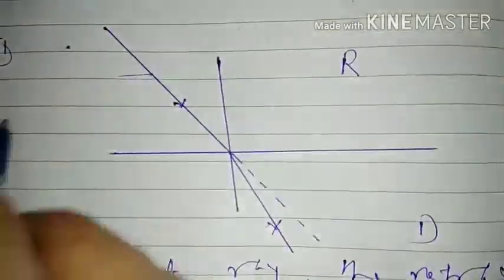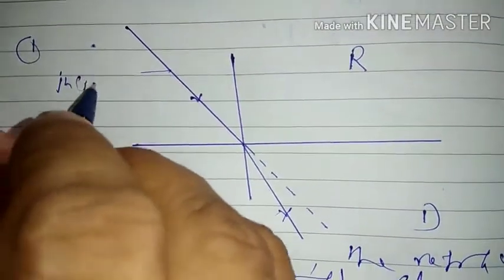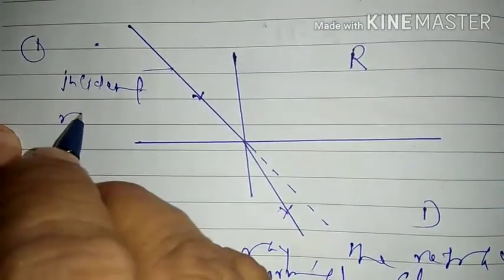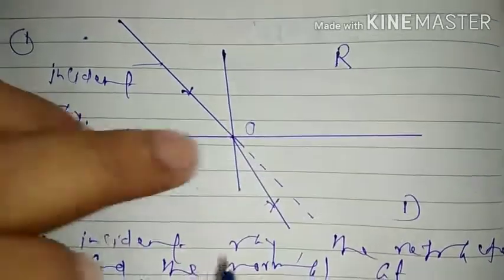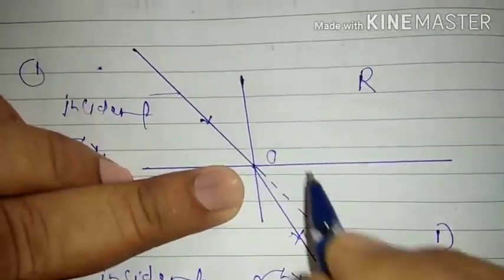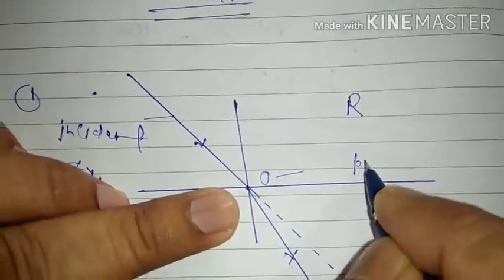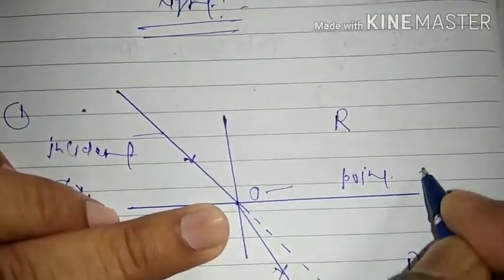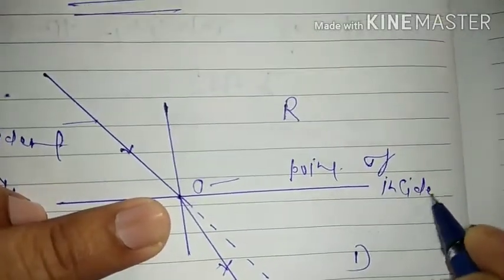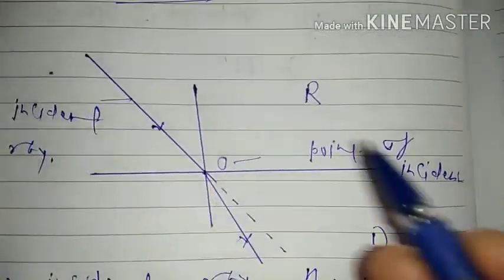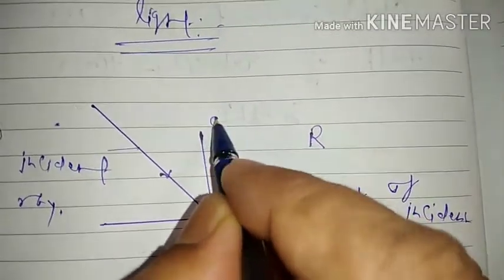Here, this ray is incident ray. We should really learn top materials. Suppose this is point O. So this point is point of incidence. Suppose this is OO dash.